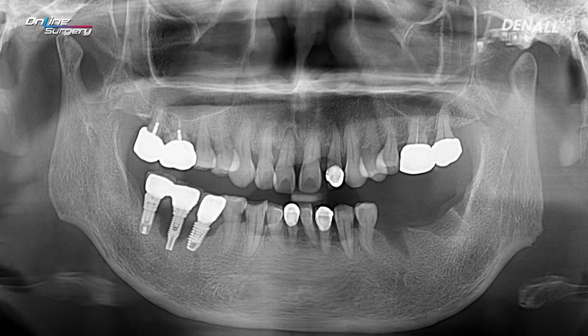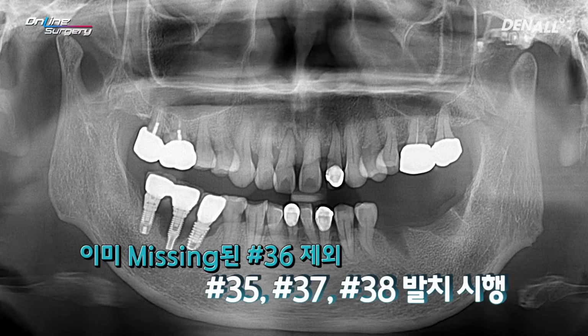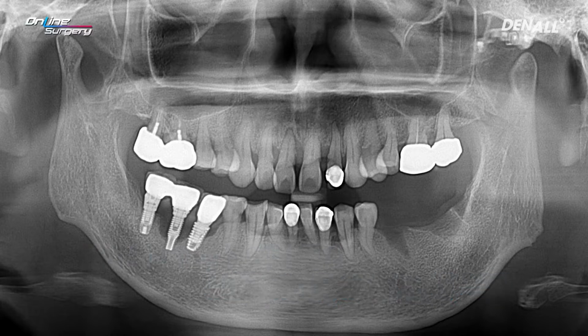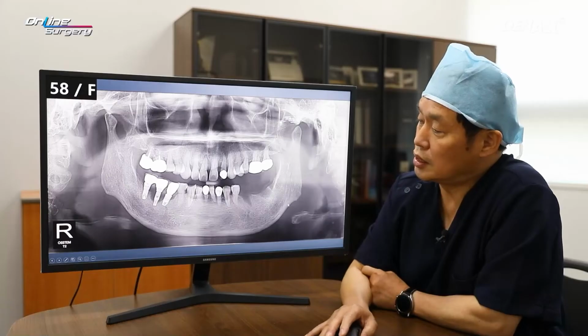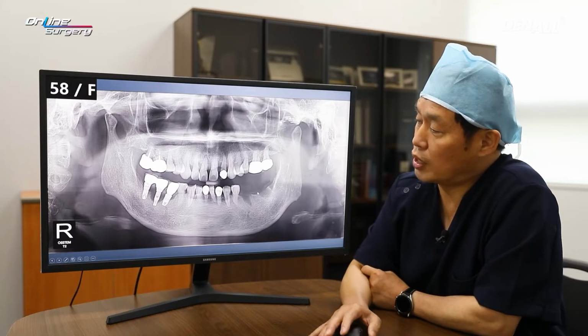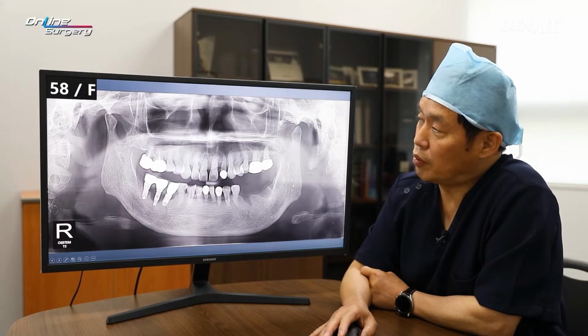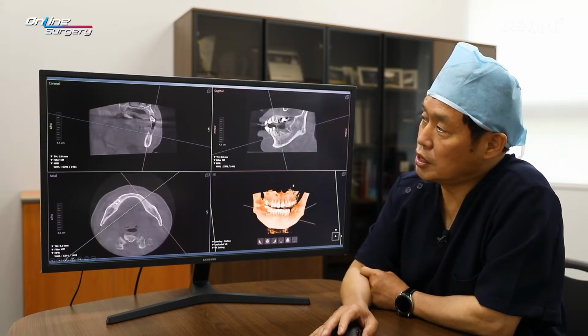In the lower left posterior area, apart from number 6, which was already missing, number 5, number 7, which was tilted, and the wisdom tooth were extracted. In the case of this patient, she wanted surgery, and I planned for OneGuide surgery.